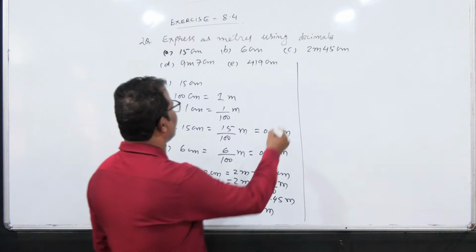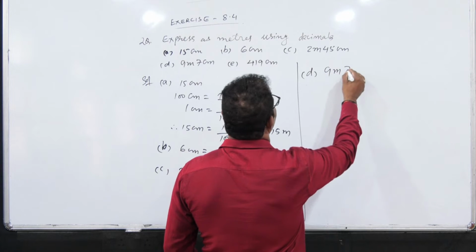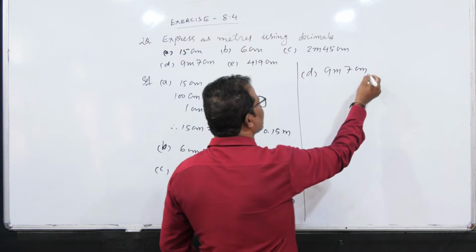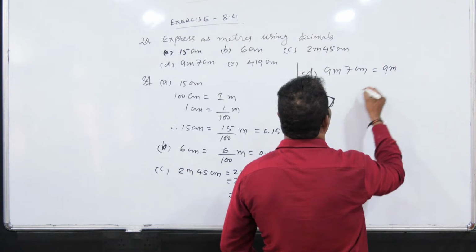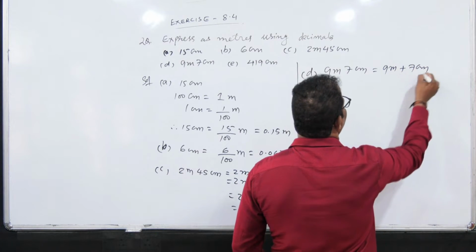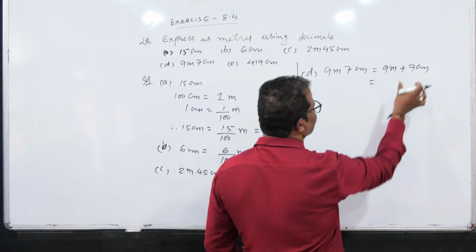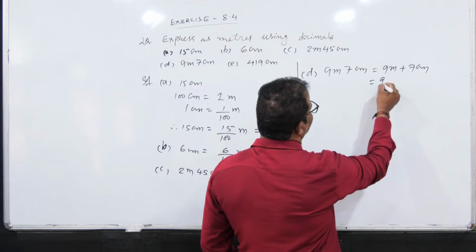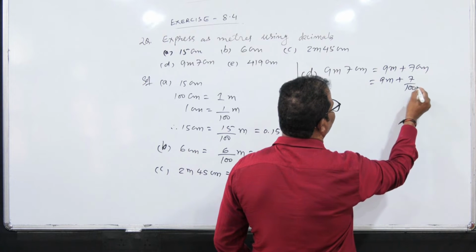So the next question, that is D, that is 9 meter 7 centimeter. Similarly, as for the last question, we break this question into 9 meter plus 7 centimeter. Then again it is already 9 meter. So this centimeter we have to convert into meter.